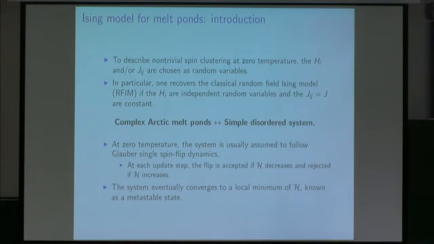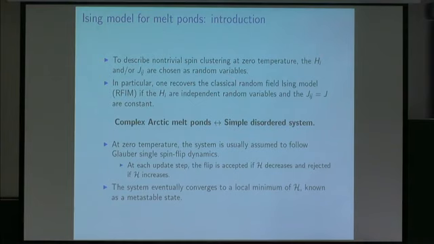To adopt the Ising model for melt ponds, we would want these coefficients Hi and Hj to be random variables. If you choose them just to be constants, then you don't generate too much pattern, right? So the particular case we're interested in, we actually do want the J's to be constant. We want the H to be independent random variables.